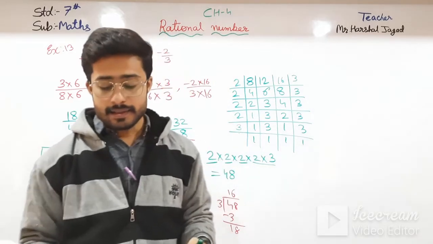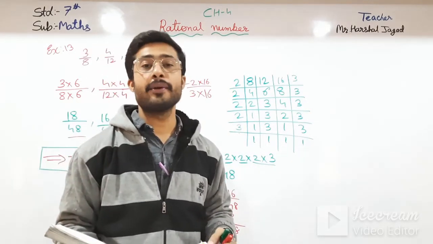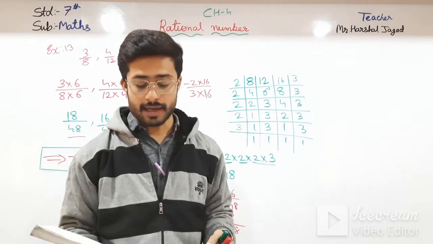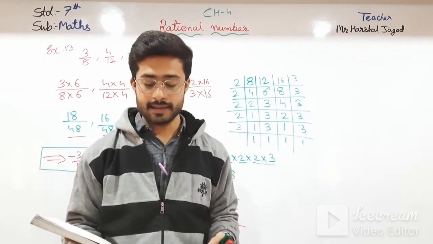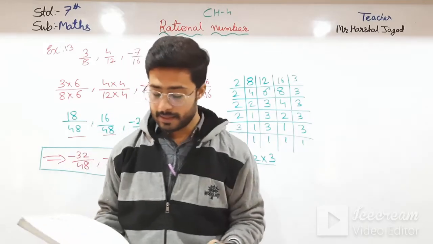Okay, and see here we are going directly towards the example, that is example number 14. Find three rational numbers between minus 3 and minus 4. Let us find that.